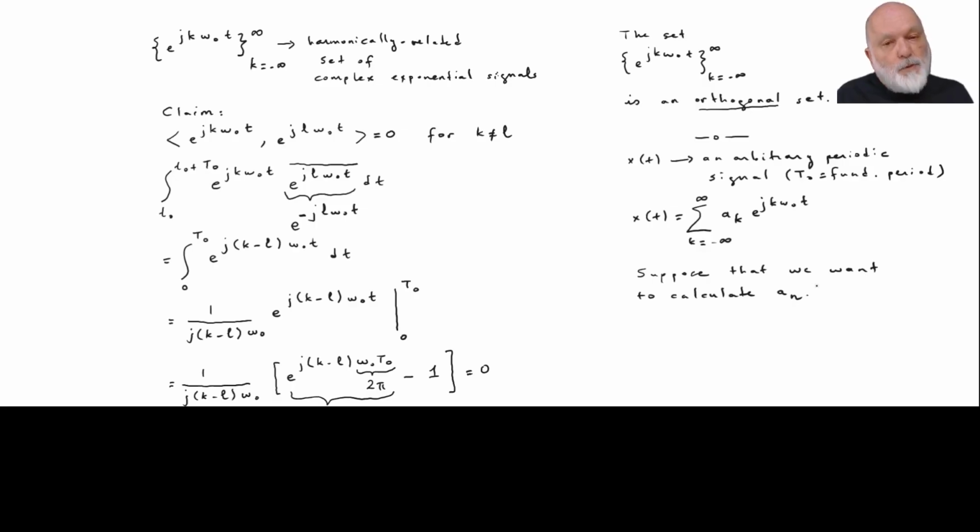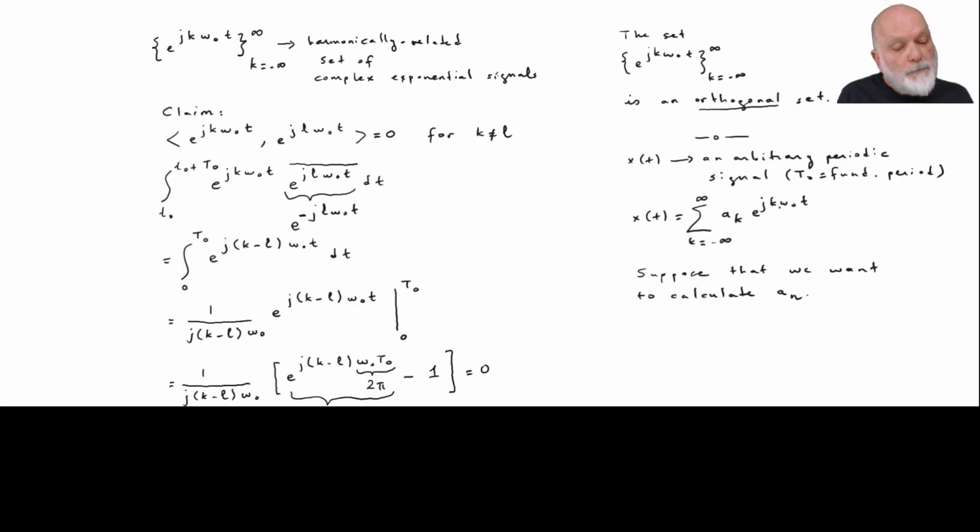Now, similar to what we have done in C^n to find the coefficients in a certain representation given by orthogonal vectors, here we know that the harmonically related complex exponential signals form an orthogonal set.